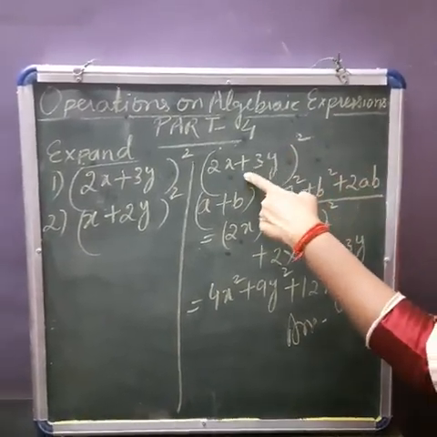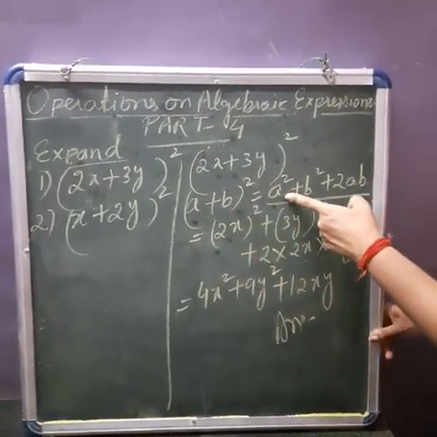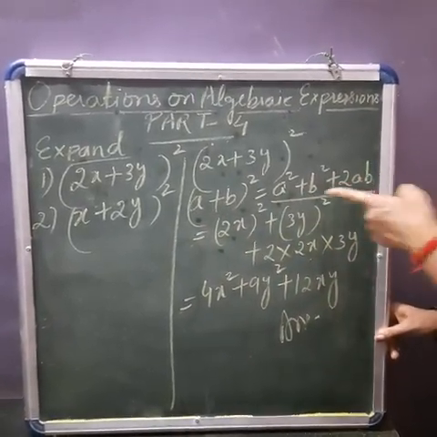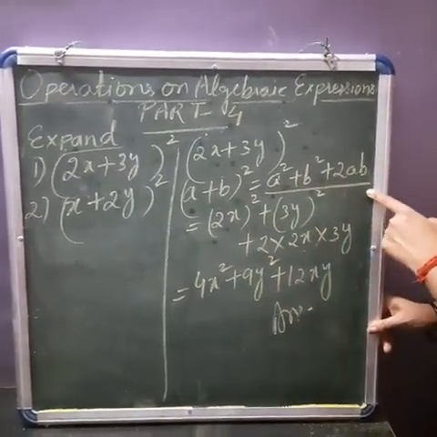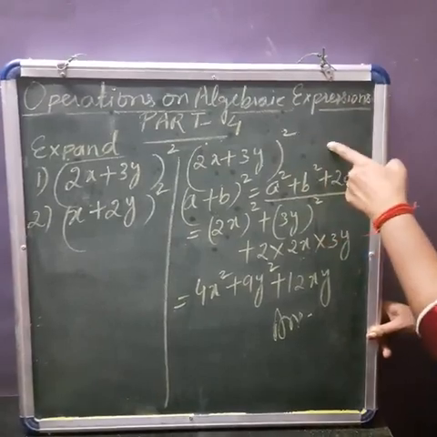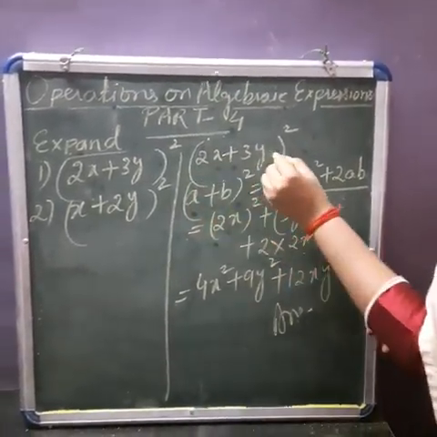Because here we have a plus sign, we will use this identity (a + b) whole square is equal to a square plus b square plus 2ab. This side is the expansion for this bracket, so we will use this identity for expansion of (2x + 3y) whole square.